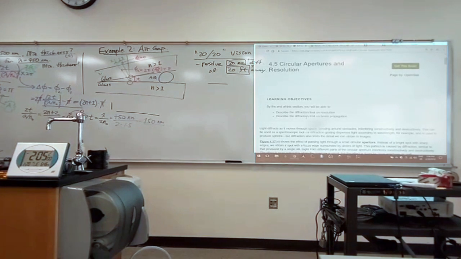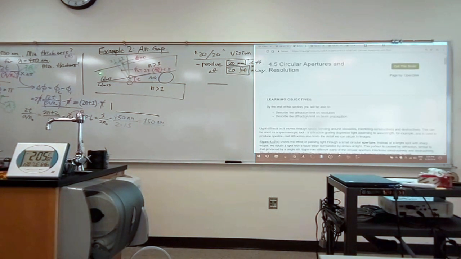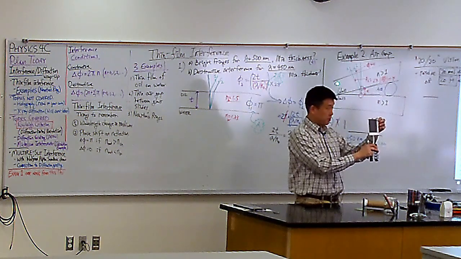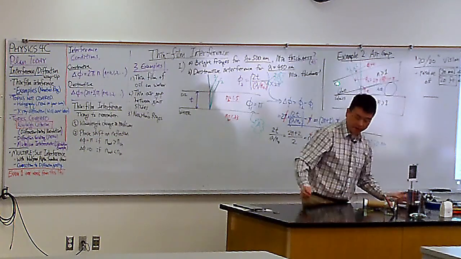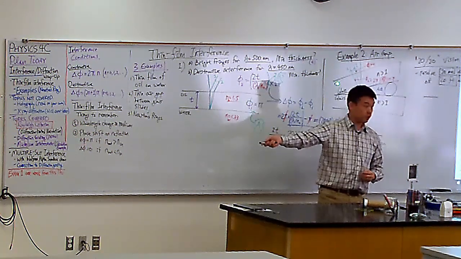Compare that to the spot that was there before I put this slit in. So this is the result of the single slit diffraction. And that's what we mean by diffraction-limited resolution.